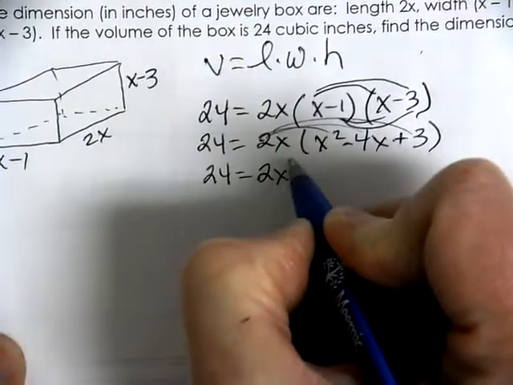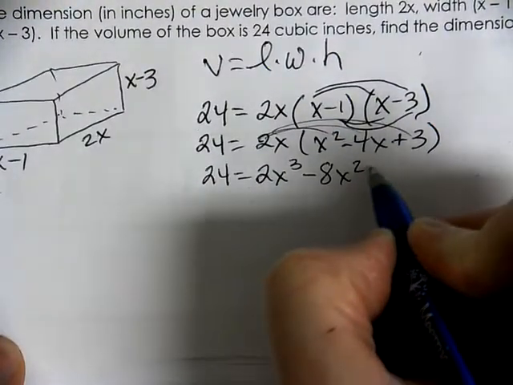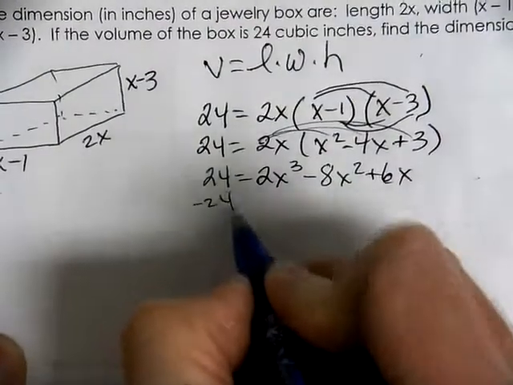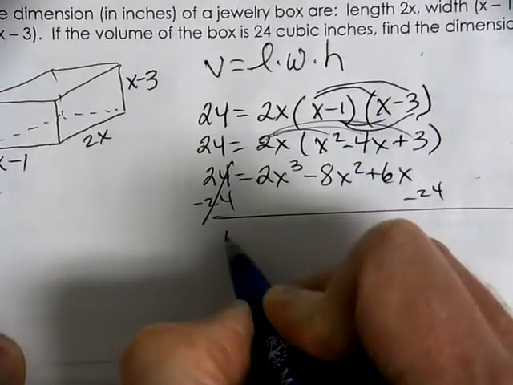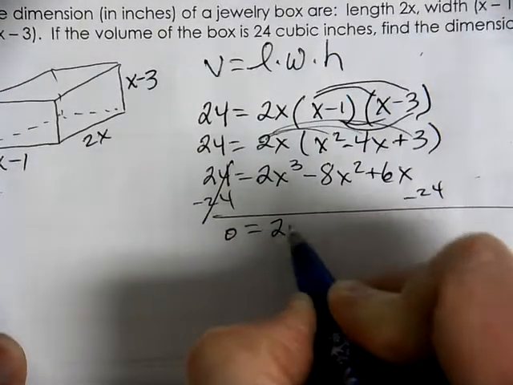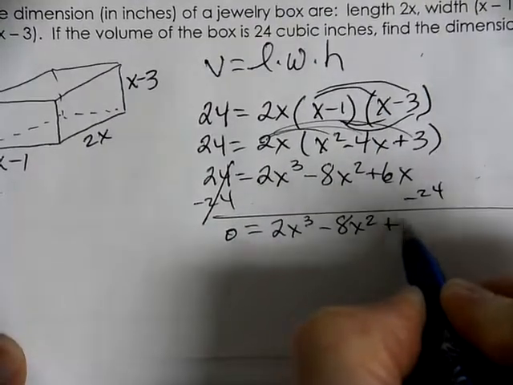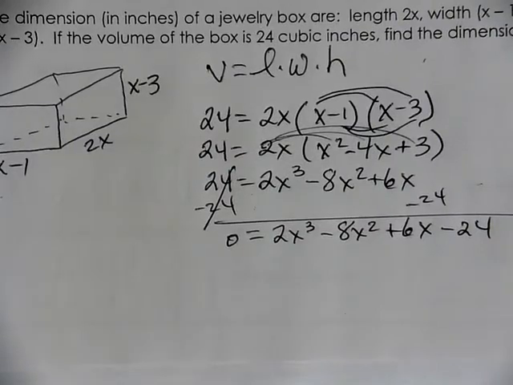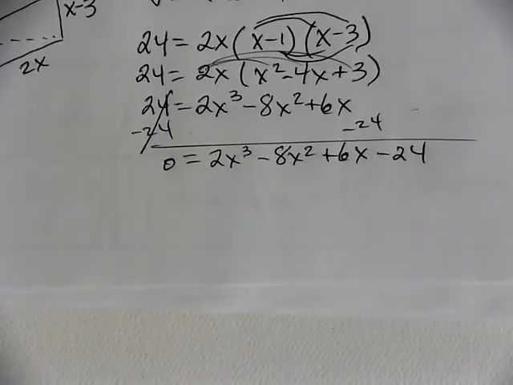That gives me 2x cubed minus 8x squared plus 6x. And then I could subtract the 24 to the other side. Notice I need to make the polynomial equal 0. You don't want the polynomial to be equaling 24 or any other random number.